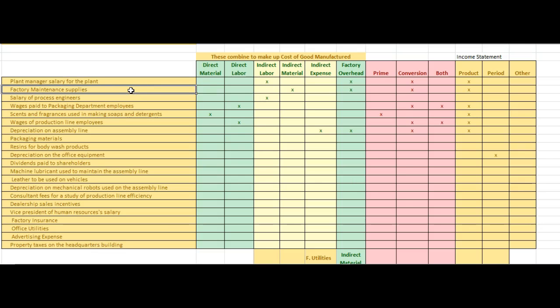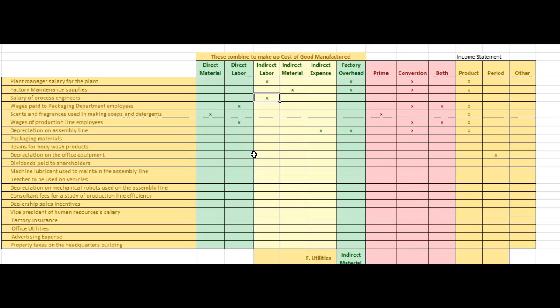Factory maintenance supplies, same thing. You're looking at indirect materials. Or wages paid to the packaging department. Now, they are directly handling that product, so they are direct labor. But if you have salaries of process engineers, that's indirect labor because they're not physically touching that product and making it. Kind of see how to distinguish it.